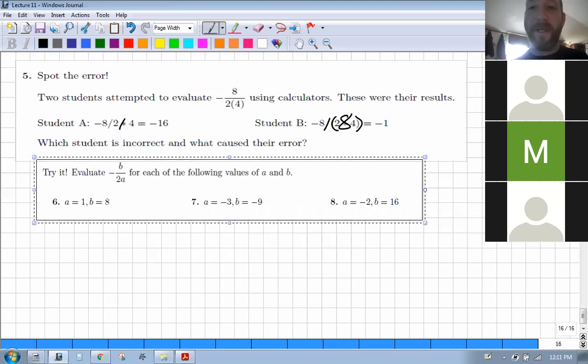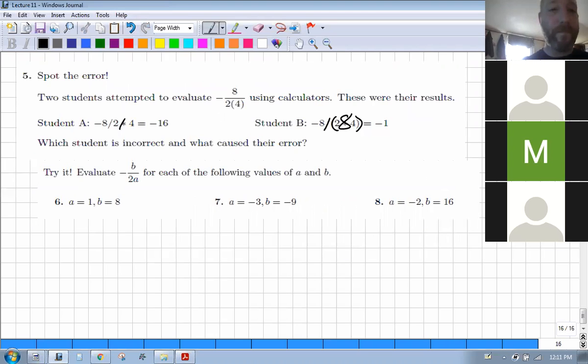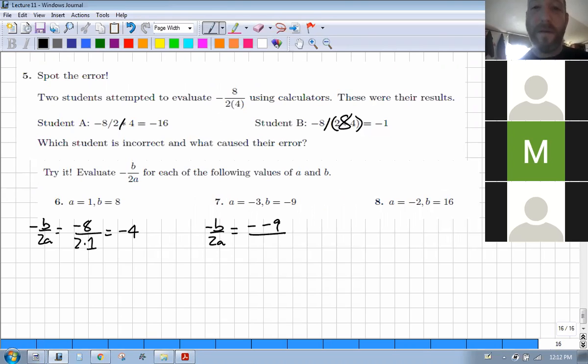All right, -b over 2a. All we're doing is we're replacing b with 8 and a with 1. So we get a -4. -b over 2a, we're replacing b with a -9, a with a -3.